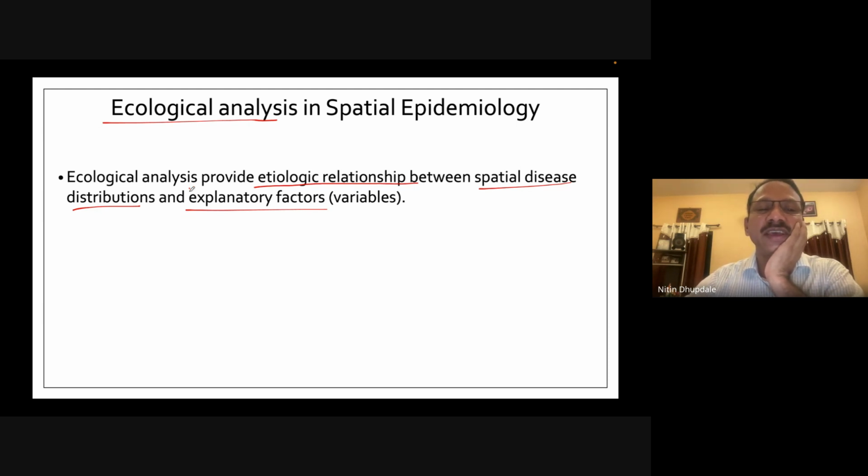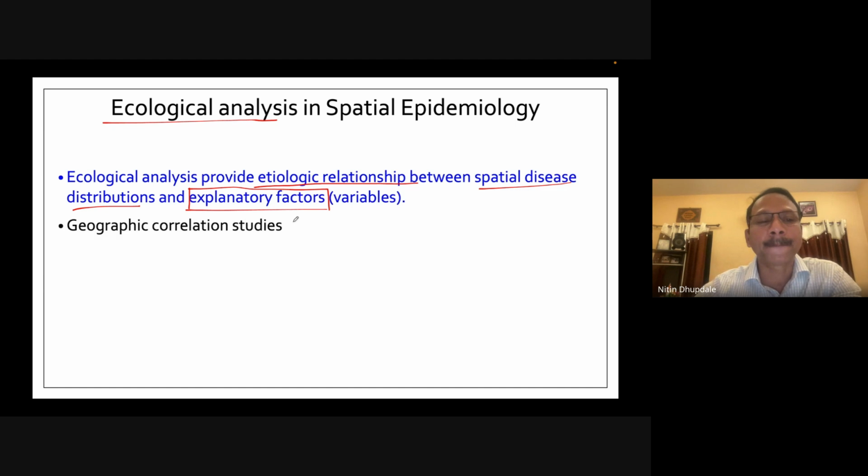They are called explanatory factors or variables, and we study them and try to understand which factors are more associated with the disease. For that we use a lot of regression techniques like linear regression, multiple regression, or logistic regression and other things. Geographic correlation studies also fall in this category.